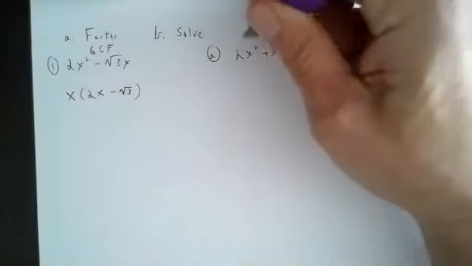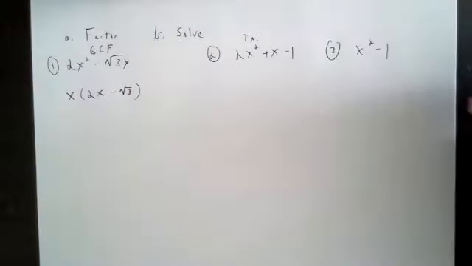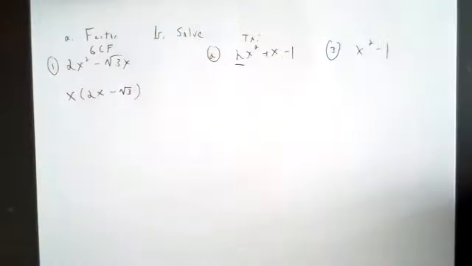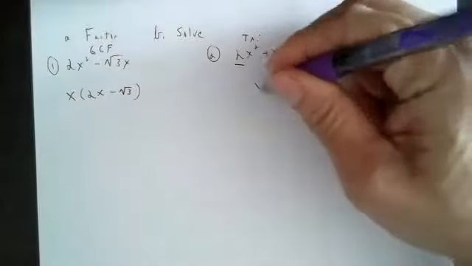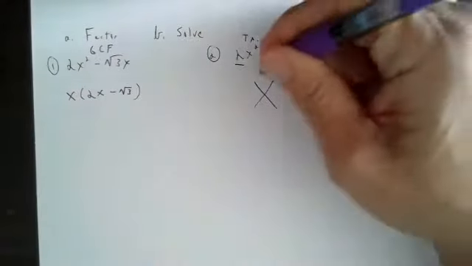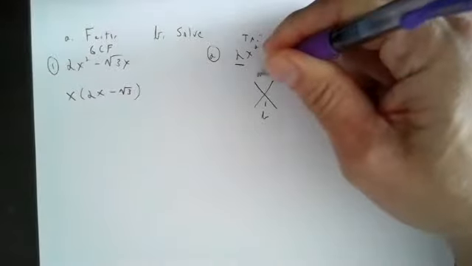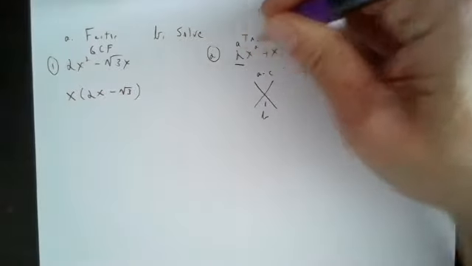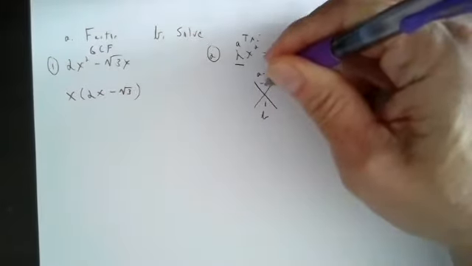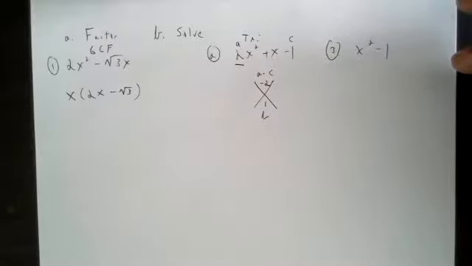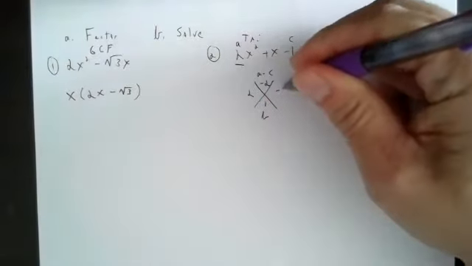For the second one, that's our traditional trinomial. However, notice the a is not 1, it is 2. So we have to do our mega x bottoms up, where the b number goes on the bottom, so positive 1, and a times c goes on the top, and that would be negative 2. What numbers multiply to negative 2 and add to negative 1? That would be 2 and minus 1.